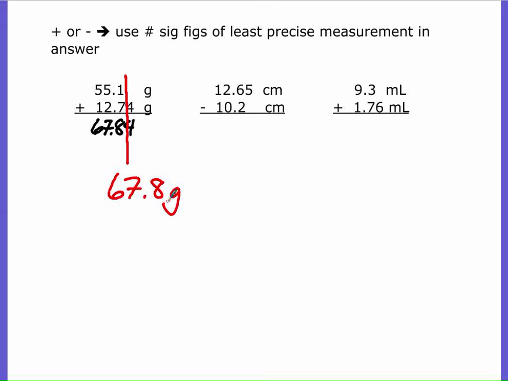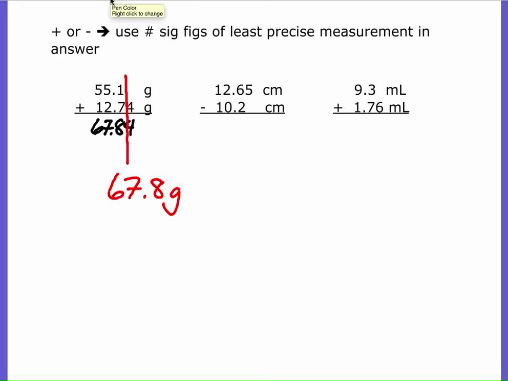But again, I didn't count. I know that 55.1 had 3 sig figs and the 12.74 had 4 sig figs. So maybe that counting rule would have worked here, but that's not always going to work. So you got to make sure that you're just lining it up and rounding it to the least precise. So it's whichever one has a sig fig that's farthest to the left, essentially, when you line it up, when you're stacking up numbers to add or subtract.